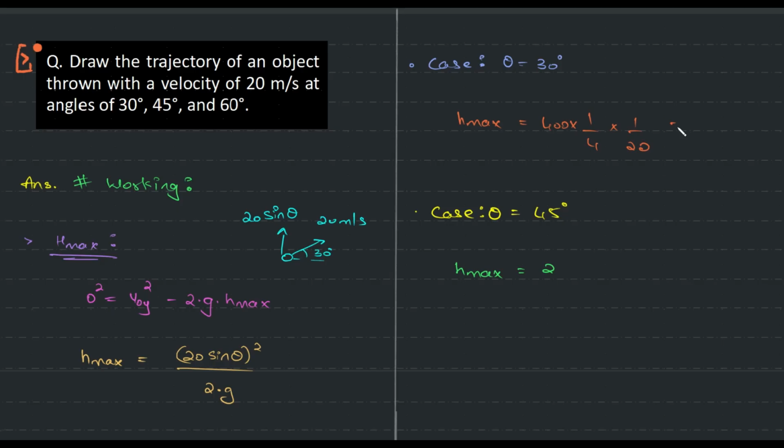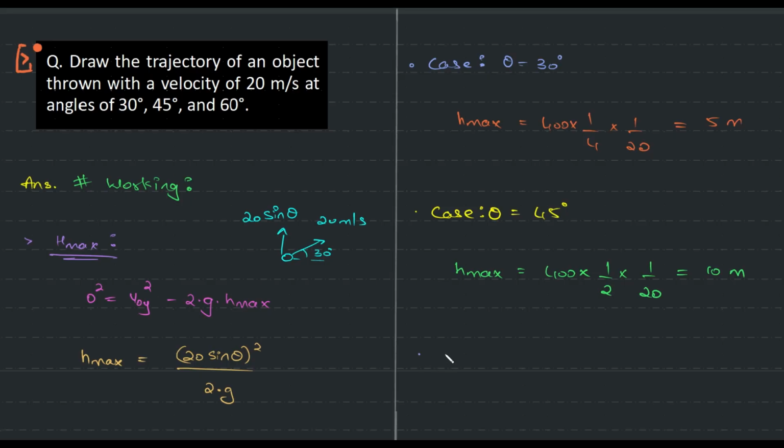So 100, this will be 5 meters. Then this would be again 20, this is 400 into sine 45 is 1 by root 2. So square of that is 1 by 2 into 1 by 20. So this is 40, this is 10 meters.